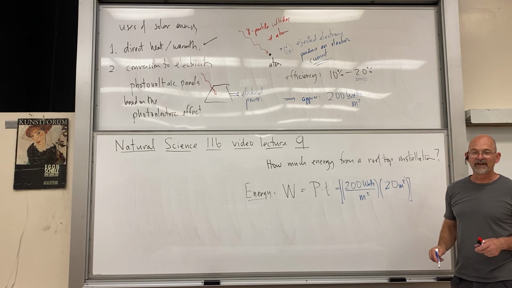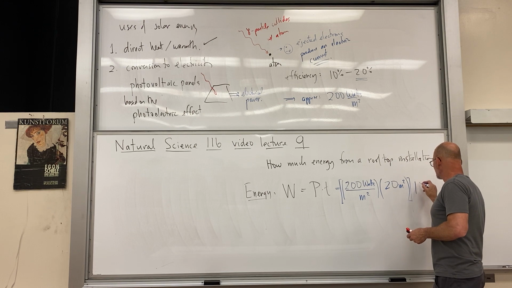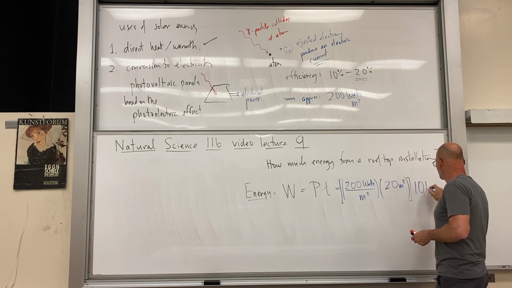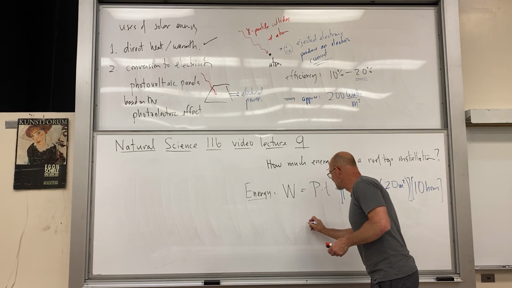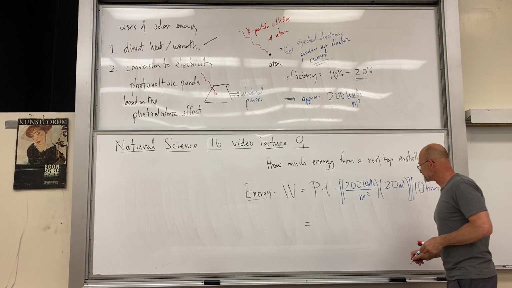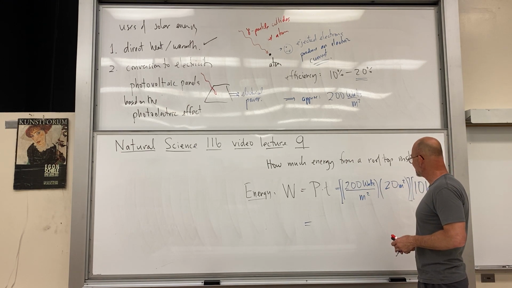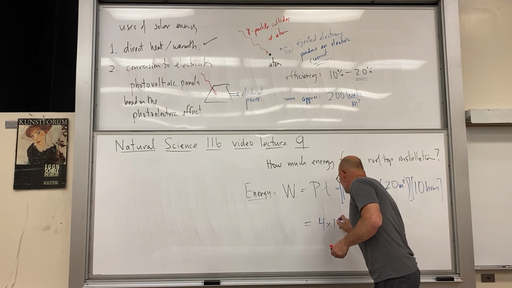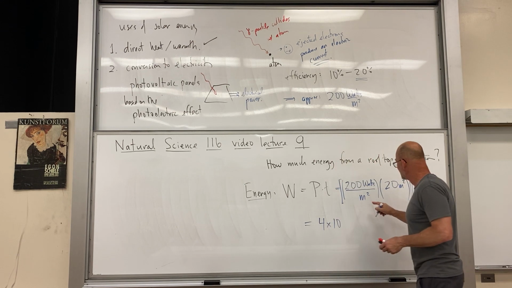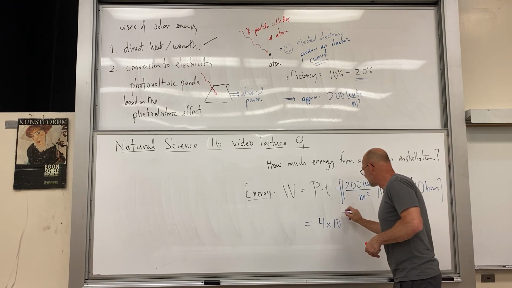And what about the time? 10 hours? Should we do 10 hours? That's a generous day. 10 hours. Okay. So there's our product. That's the energy. Let's see what we're going to get. 200 times 20, that's 4 times 10, 400, that's 4,000, so 4 times 10 to the third.